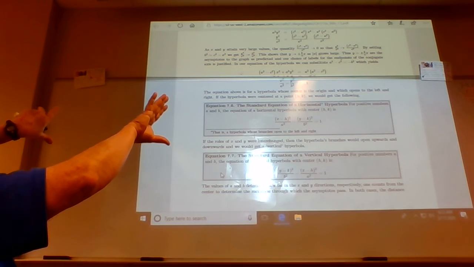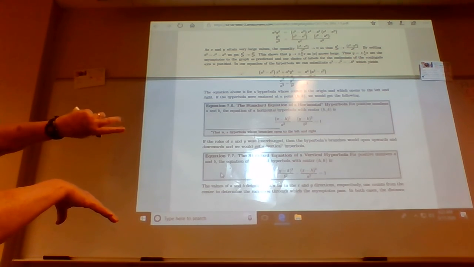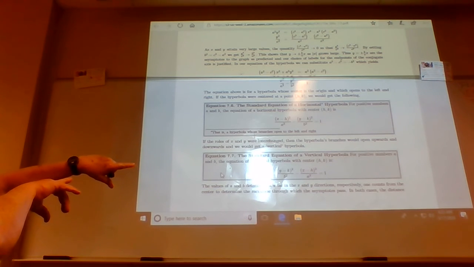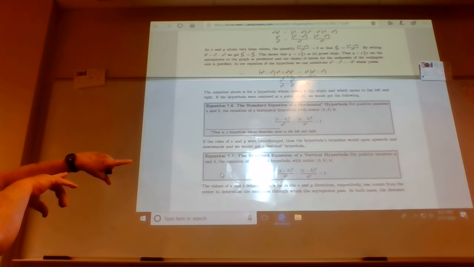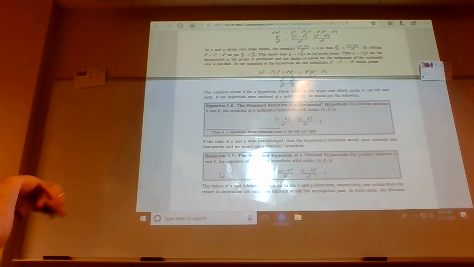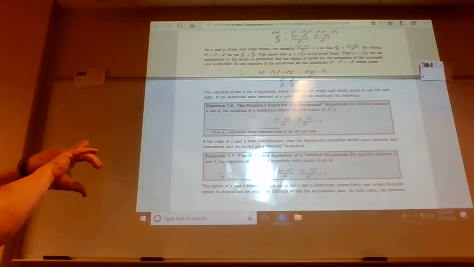Now the vertical one opens up and down, and look at the slight difference. That's why they write them side by side. Now in front is y minus k squared over b squared minus x minus h squared over a squared equals 1. So looking at where your stuff's positioned in it, you can tell whether it opens up and down or side to side.